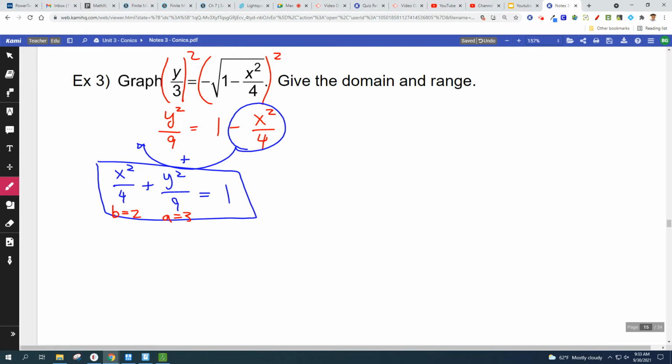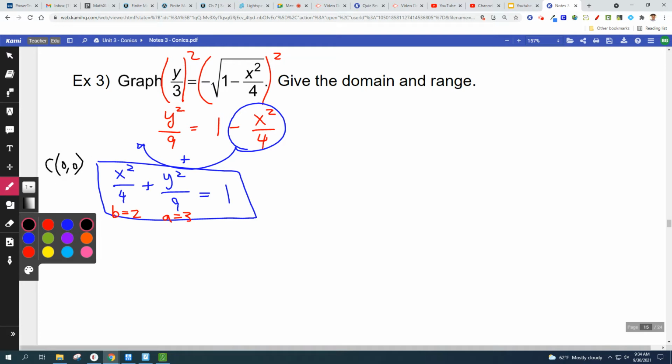But something weird happens here. You don't really want to graph the whole thing because of the way the original equation was. So if I was going to graph this thing, the center point is 0, 0.